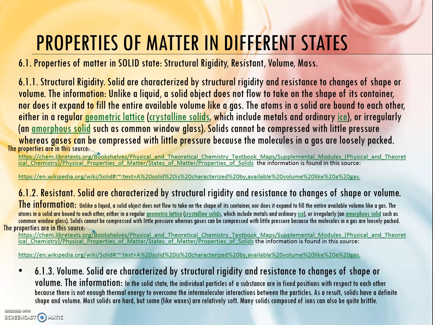A solid cannot be compressed with little pressure, whereas gases can be compressed with little pressure because the molecules in a gas are loosely packed. The information is found in this source, the first one, and the second one.